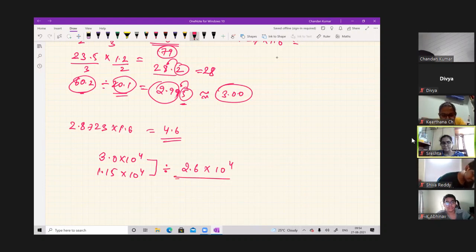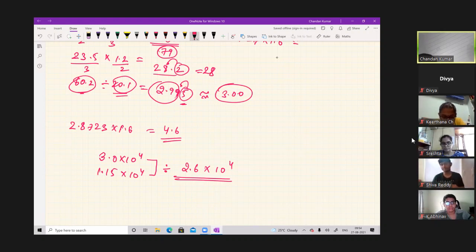Good. We need to take the minimum significant figure, that is 2.